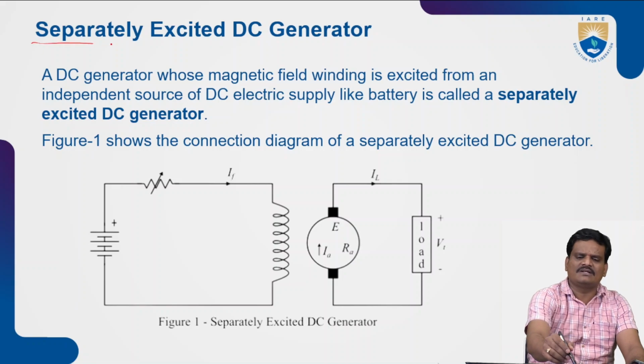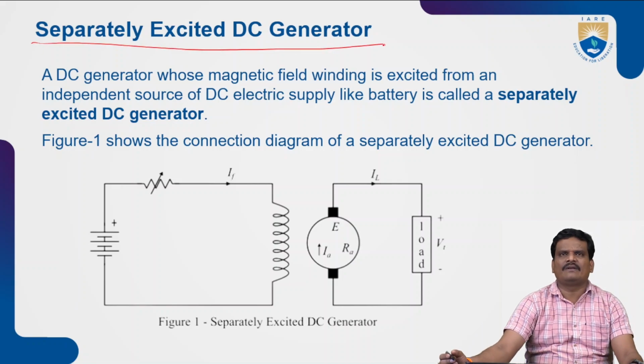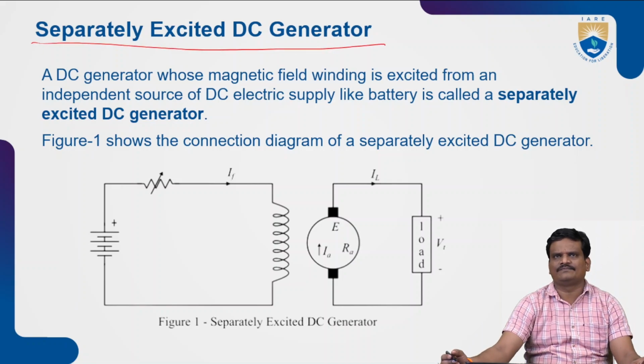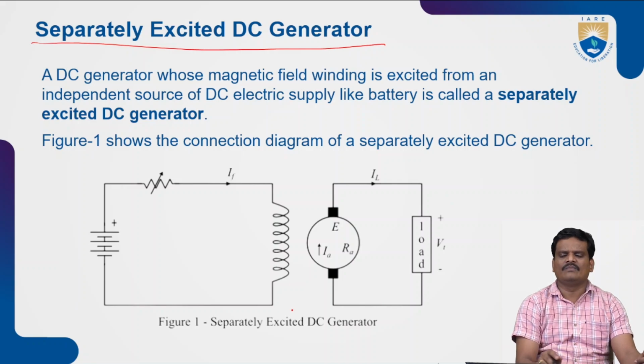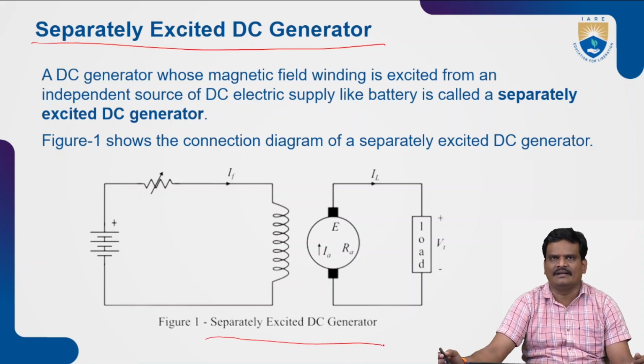The first major type of DC generator is the separately excited DC generator. You can see the figure in this slide, which gives you an idea about the design of a separately excited DC generator.